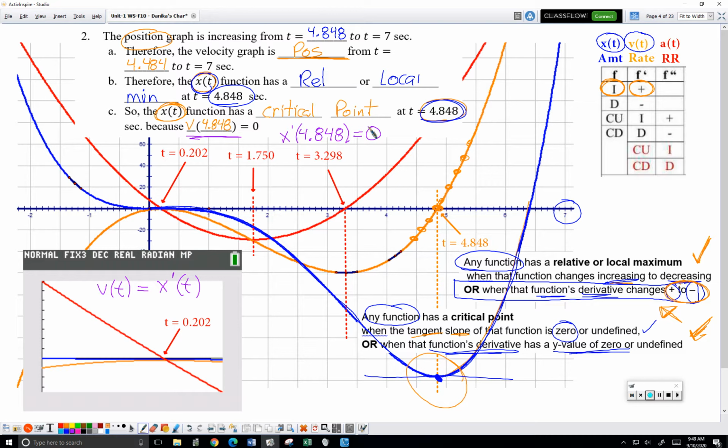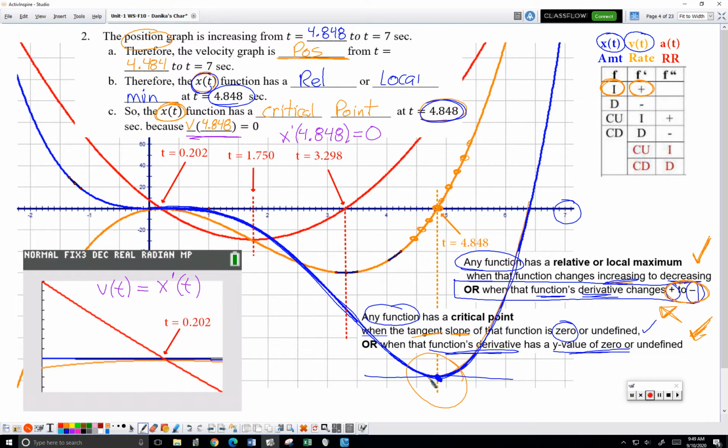Question. And then the point I made earlier is still valid. They don't typically show you a graph of position like this and say, tell me where the critical points of position are. More commonly, they show you a graph of velocity. This is where you have to read really carefully. They show you a graph of velocity and say, where does position have a critical point?